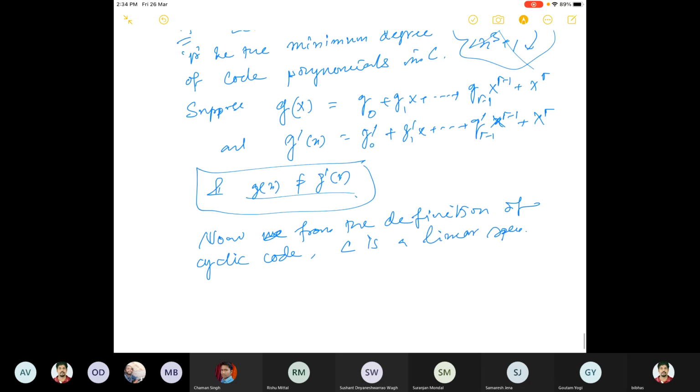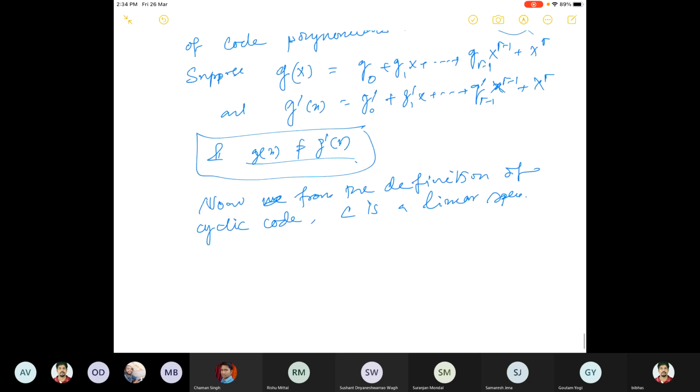So that means if g is there and g' is there, then g plus g' also must be there. Thus g(x) plus g'(x) also belongs to C.